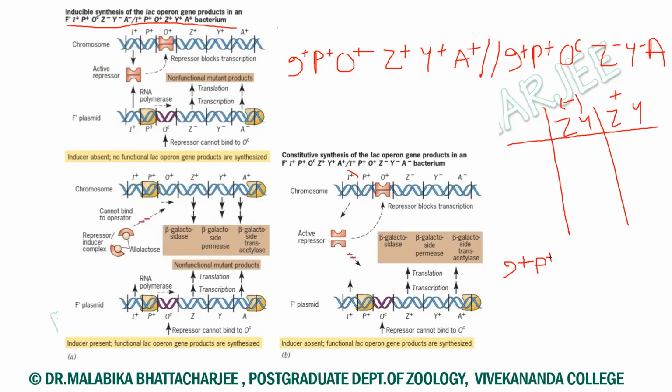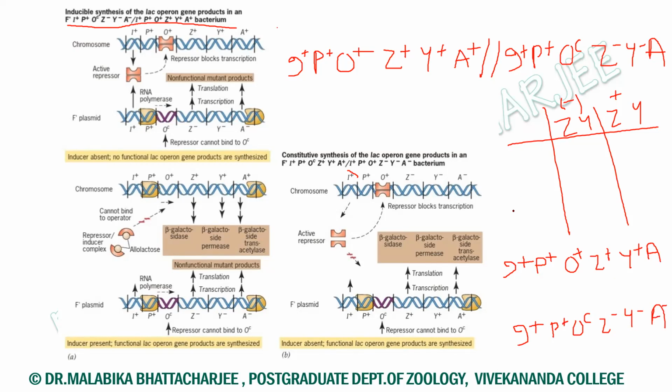I'm keeping it like this: I plus O plus P plus O plus Z plus Y plus A plus. This is one strand for me. And now I have another strand, I plus P plus, I'll draw it in a very simplified manner, OC Z minus Y minus A minus. So this is our scenario.